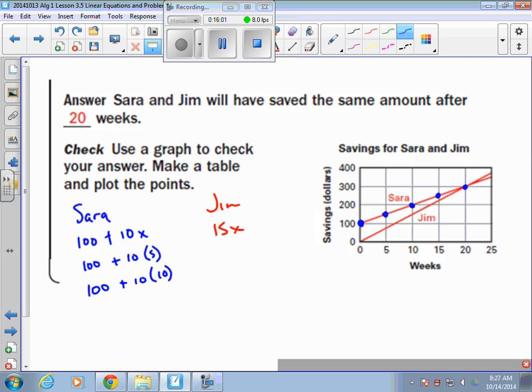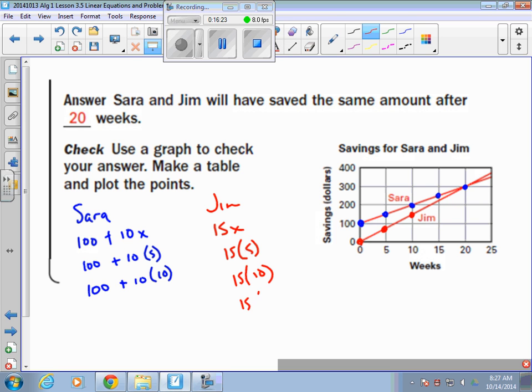When you do Jim, you're going to do the same thing, except Jim, there's no $100. Notice he starts off at 0. When you do 15 times 5 weeks, you're going to get $75. I didn't write it on the other one. $75. So at 5 weeks, it's $75. At 15 times 10 weeks, it's going to be $150.